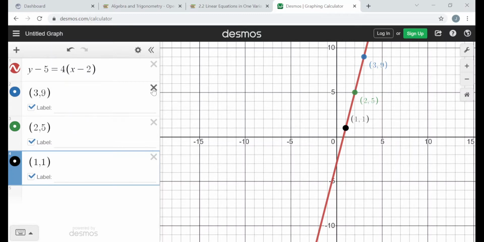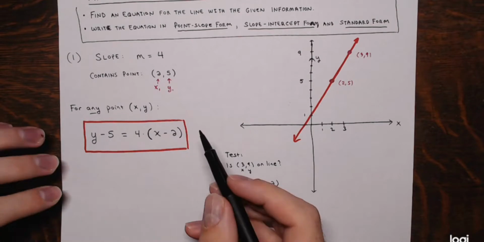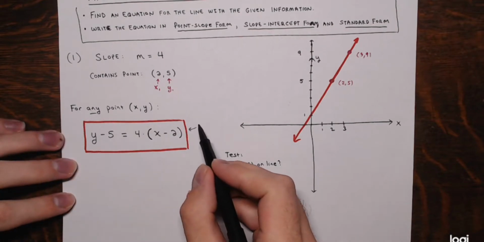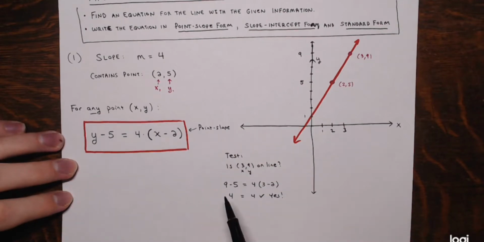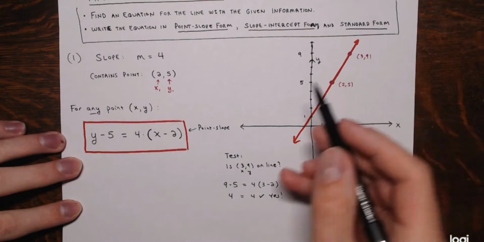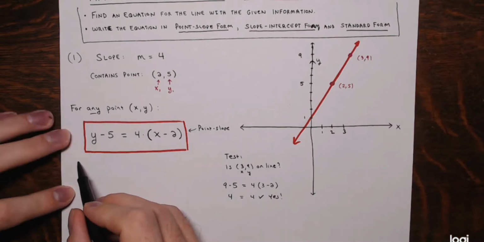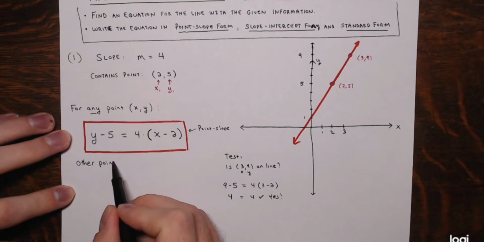Now I'm going to keep these up here and show you something else involving point slope form. Again, here's an equation in point slope form. But now I know some other points on the line.